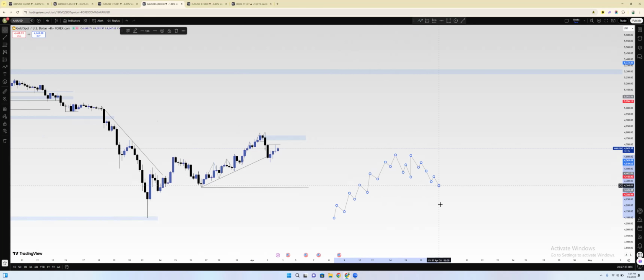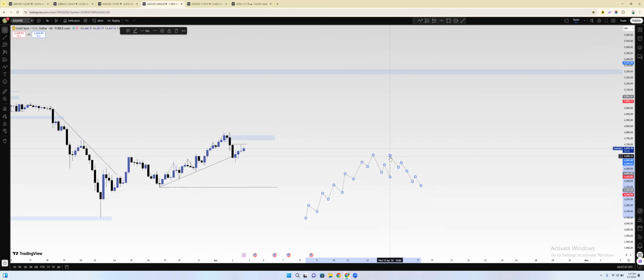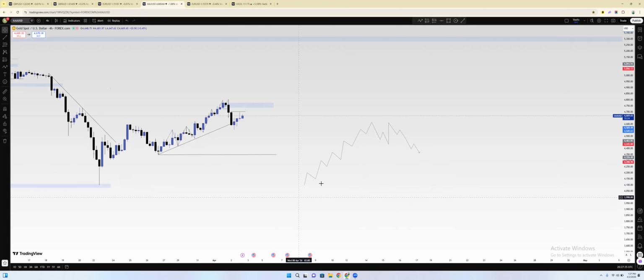Now, if you missed the market structure shift entry, you can also join in the continuation entry, because now the market is on a downtrend, and you know that there's a liquidity to clear here. Our next class is supposed to be liquidity, right?